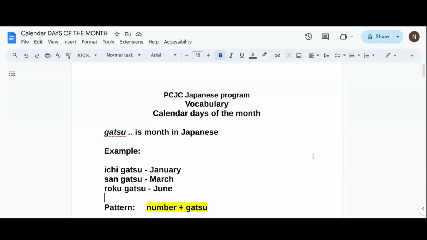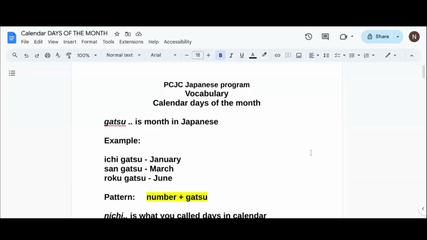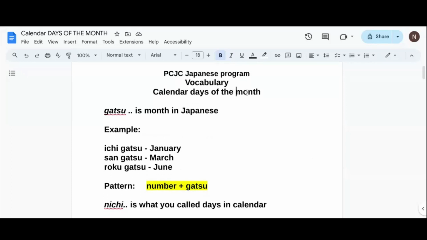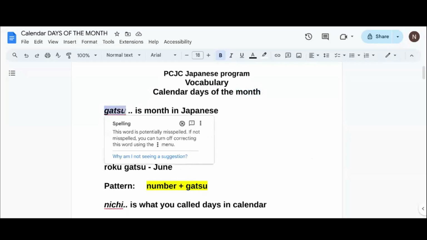Okay. So next, now we will go into calendar by days. You have to remember this first. We have here your vocabulary again, the calendar days of the month. When we say the month in Japanese, it is gatsu.